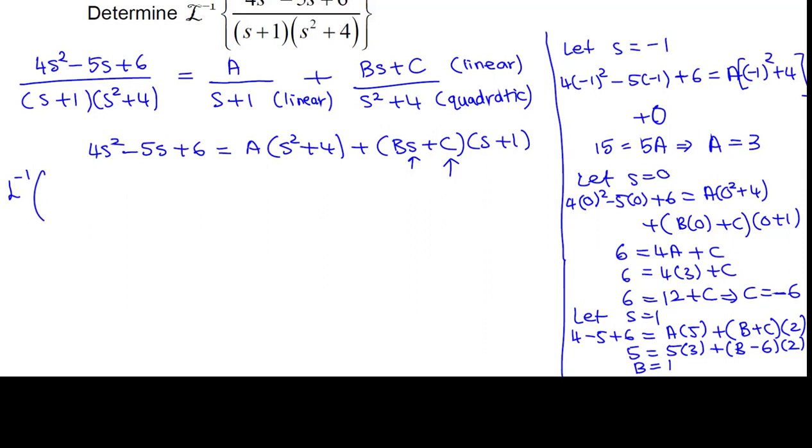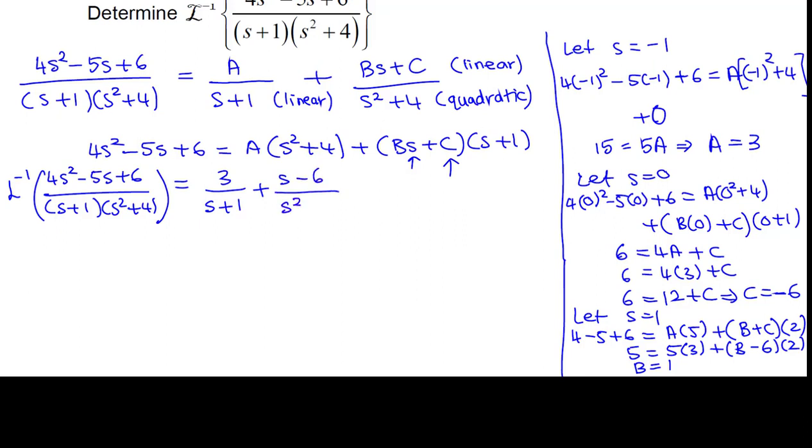Laplace inverse of (4s² − 5s + 6) divided by (s + 1)(s² + 4) equals a is 3, so 3 over s + 1 plus b is 1, so s, c is negative 6, so s − 6 divided by s² + 4.